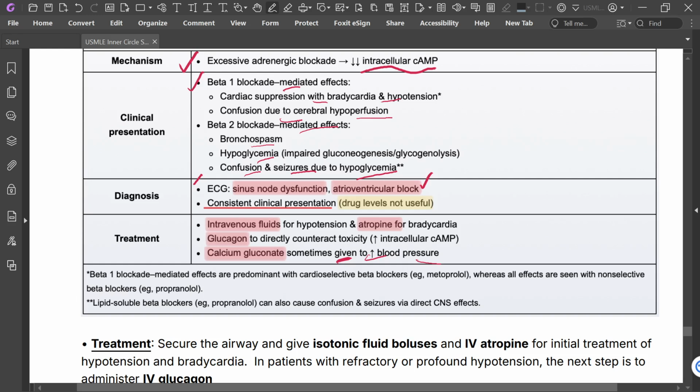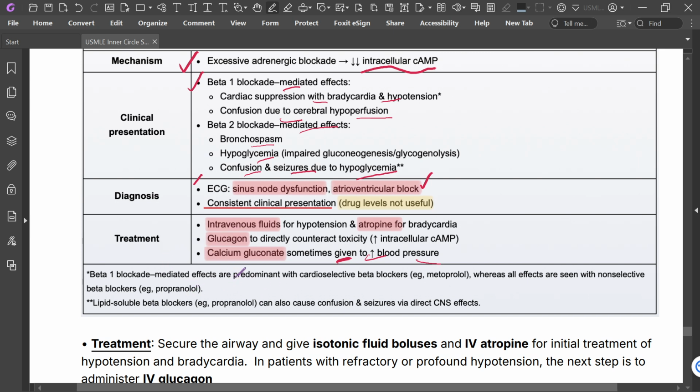Calcium gluconate is sometimes given to increase blood pressure. So, very high yield: calcium gluconate can be given to increase blood pressure, not in normal conditions, but in beta blocker toxicity.